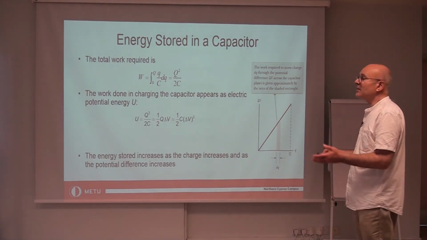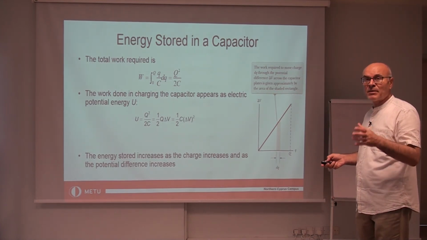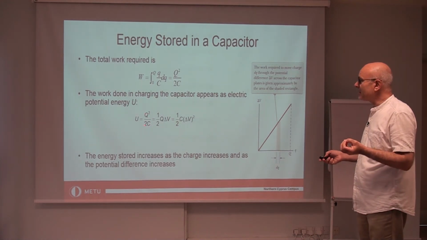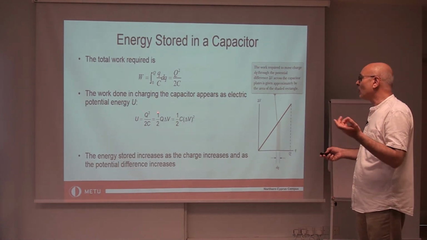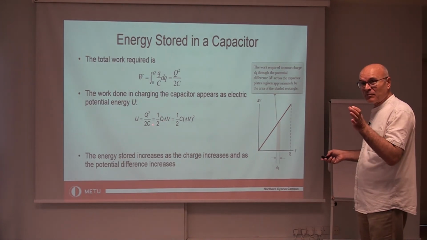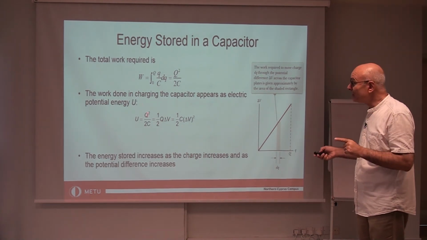Okay, so this is the total energy stored in a capacitor of a given capacitance C, when it is charged to a total charge Q, or to a total delta V. This is the final potential difference across it. Okay, now delta V here is the final potential difference when it is fully charged.